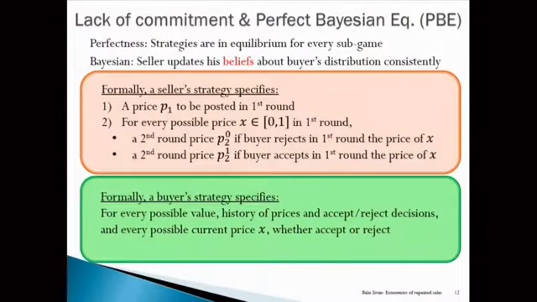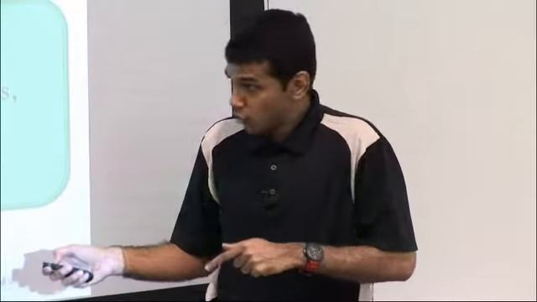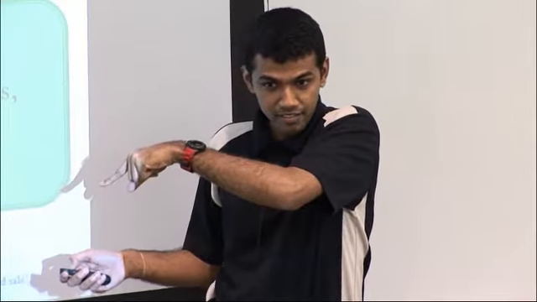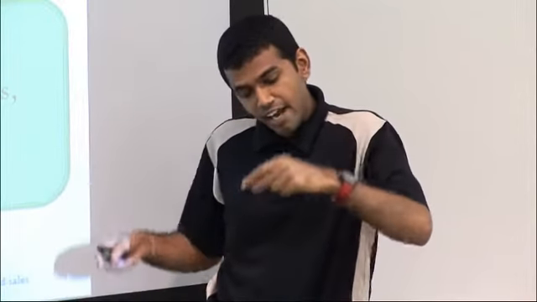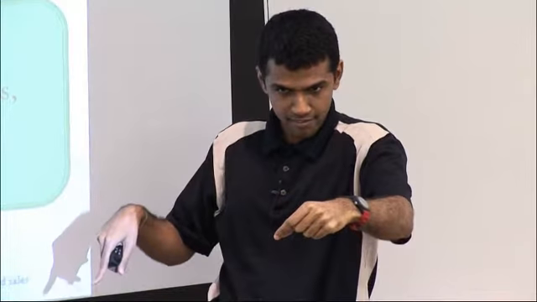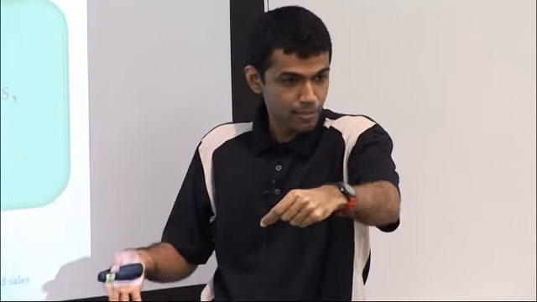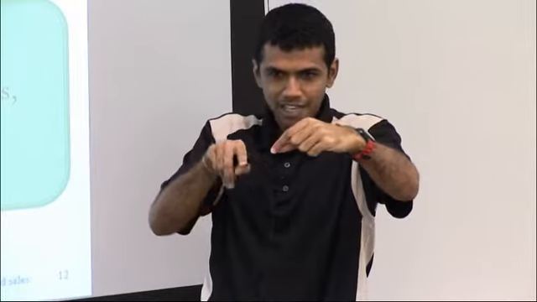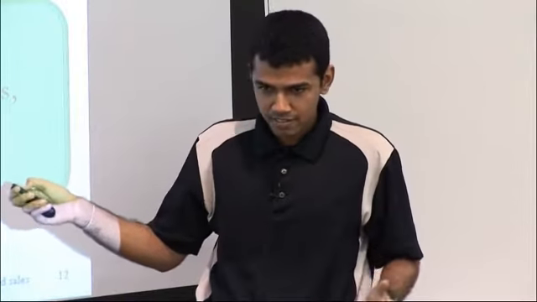To see this, you have to know how the buyer will react for a price of X, for every X, right? So then the buyer strategy should tell you for every possible price X and every possible history what he'll do, right? Now if this is the strategy the buyer gave, you better verify that the buyer is best responding by the strategy, which means if the buyer is saying at a price of X I'll react like this, you should ask him why did you react like this, because then he'll tell you I reacted like this because if a seller puts a price of X in the first round, then this is the price on the second round after acceptance and rejection, then that better be a part of the seller strategy.